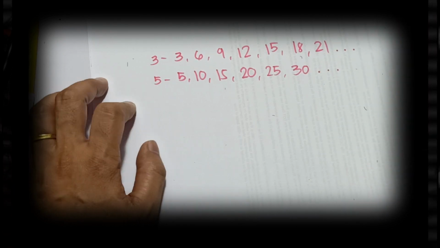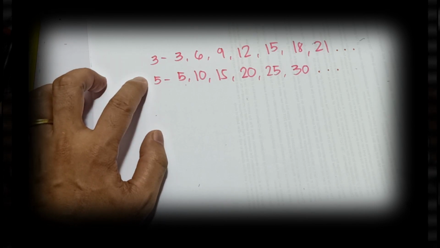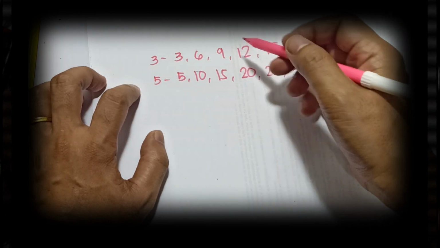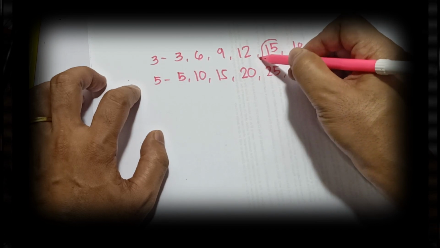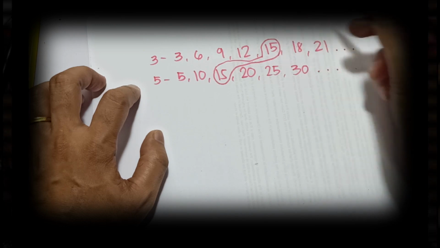As you can see, in the multiples of 3 and 5, there is a common number. As you can see, this one, 15 and 15. Yeah, so they are common.